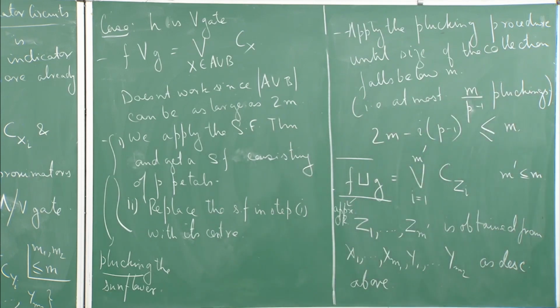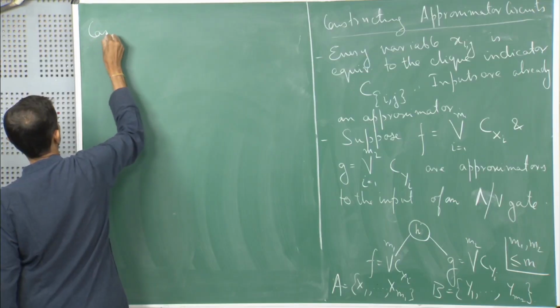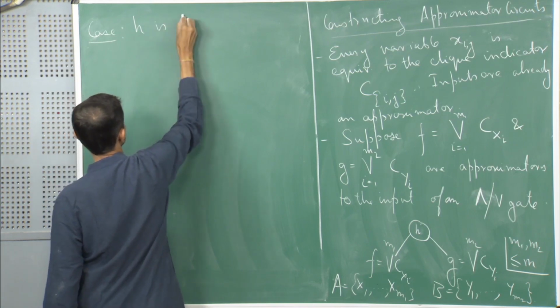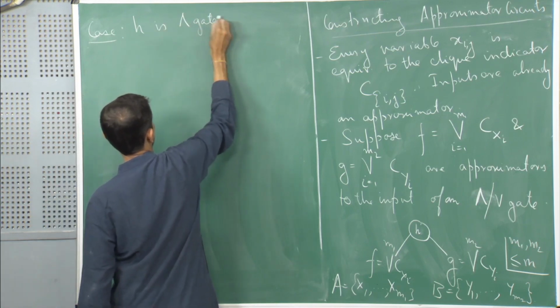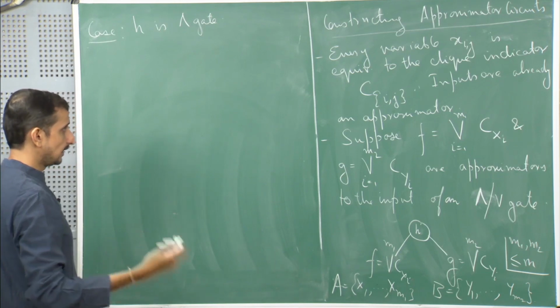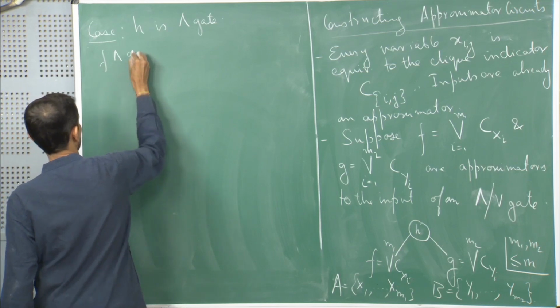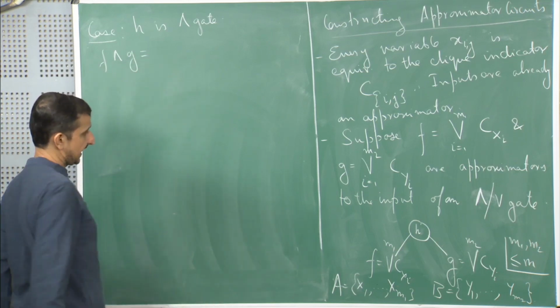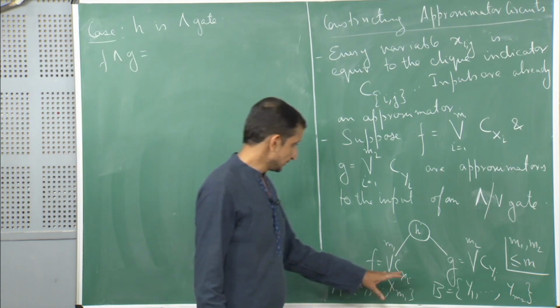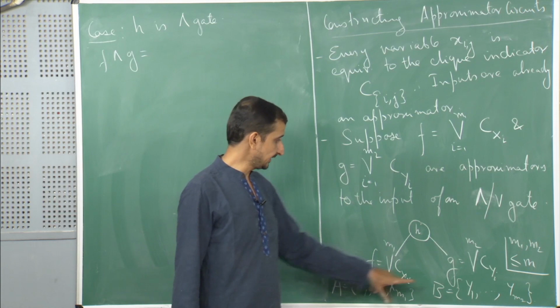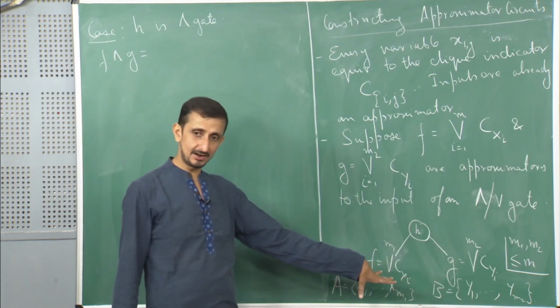Now similarly we will define the approximate AND as well. So, once again let us see the case when H is an AND gate. What is the natural way of doing AND? How is AND defined? H will output 1 if both f and g are 1. When are both f and g 1?